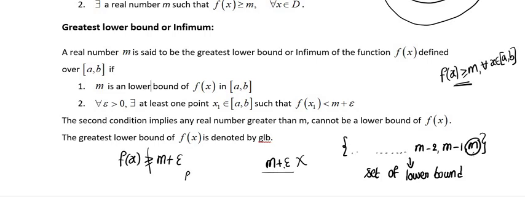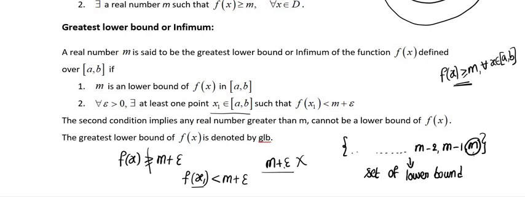That means for some x1, f of x1 greater than is not possible, equal to is also not possible. So only one option is less than m plus epsilon. Here x1 is a point in closed interval a comma b. Then we say that m is greatest lower bound.